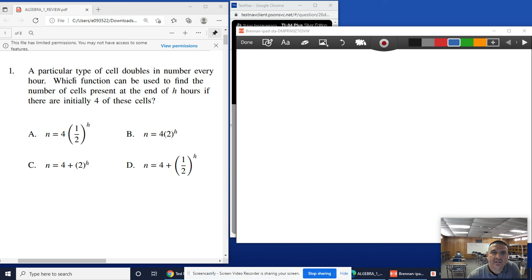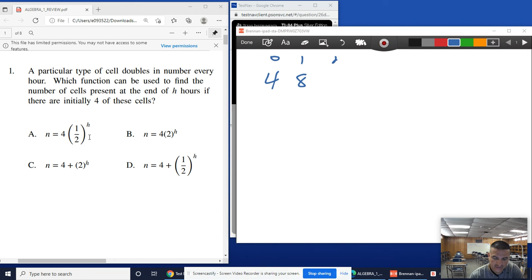So what I'll say is, it says a particular type of cell doubles in number every hour, right? Which function can be used to find the number of cells present at the end of h hours if there are initially four of these cells? Okay, so you start out with four of the cells. So hour zero, it starts at four, it doubles, it goes to eight after 1 hour.